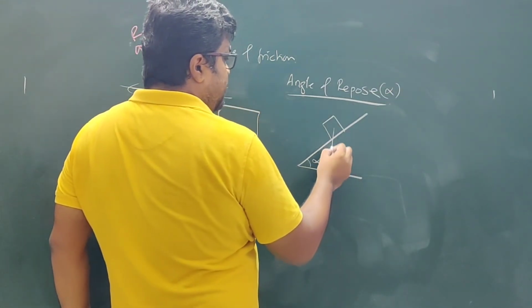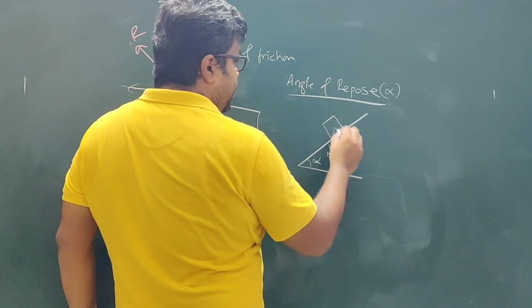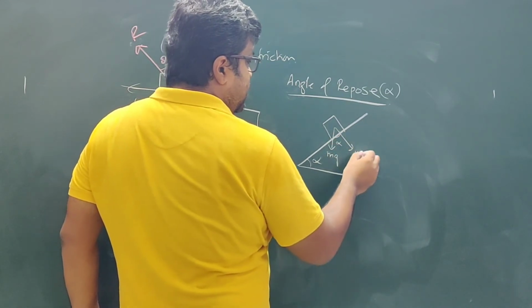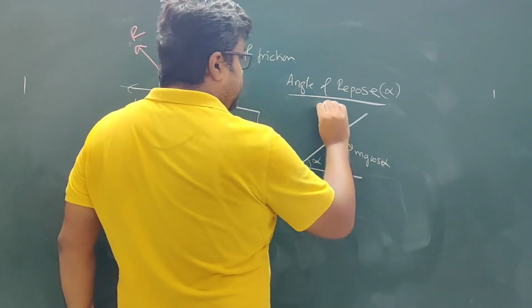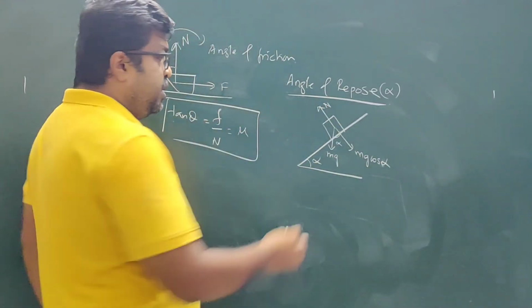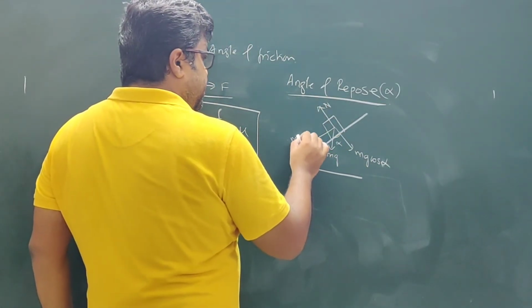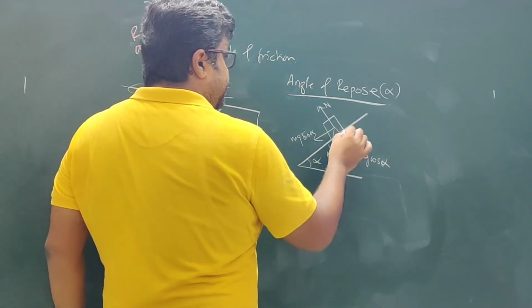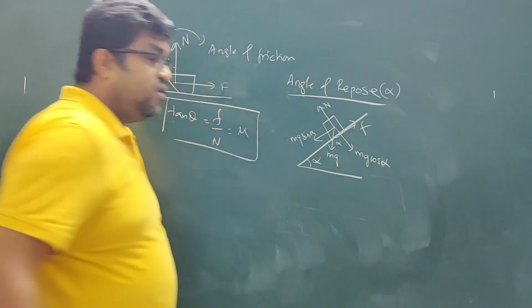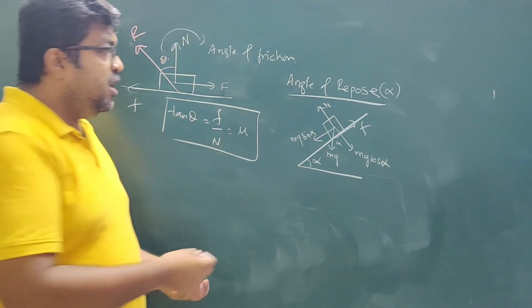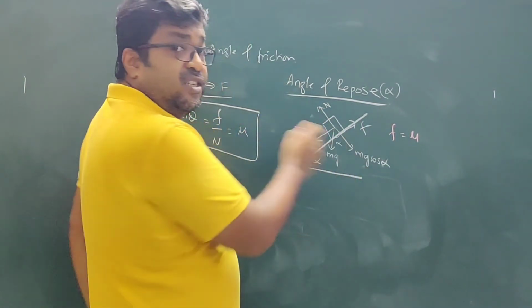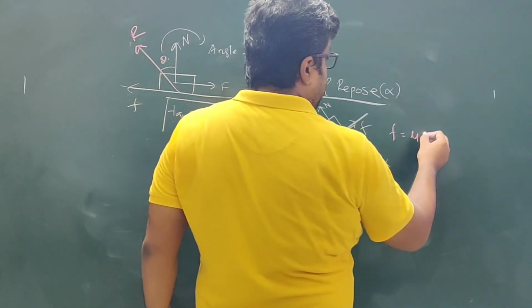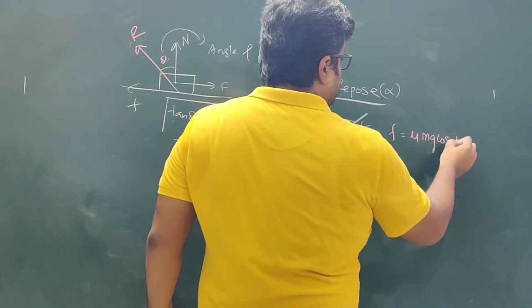So for this block of mass m, this is mg. This angle is alpha, so this is mg cos alpha, the normal reaction. This will be mg sin alpha, and this is the frictional force. Now this friction force F is equal to mu times normal reaction, which is mg cos alpha, so mu mg cos alpha.